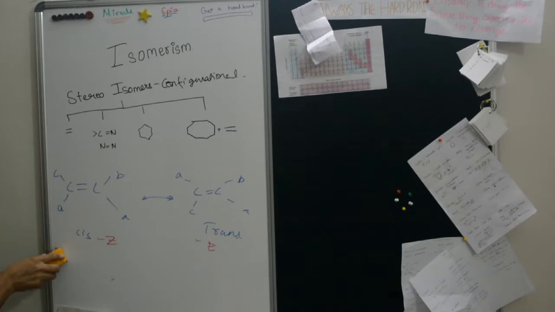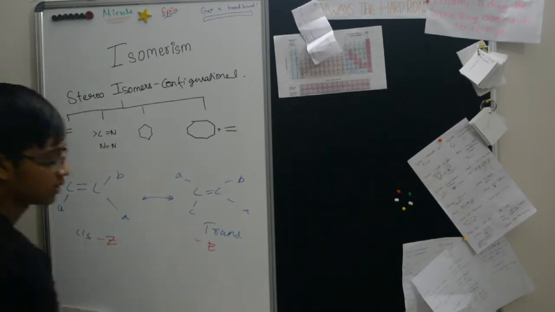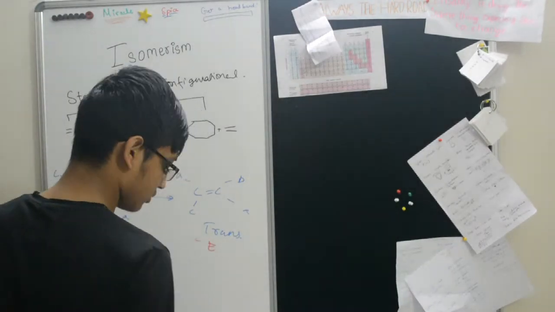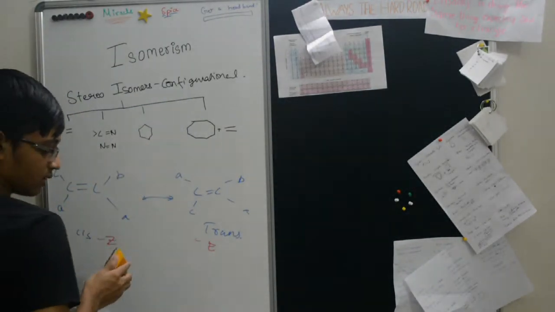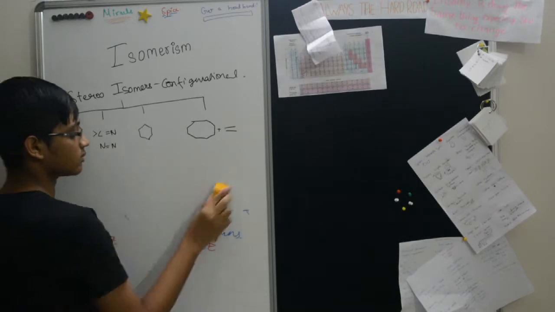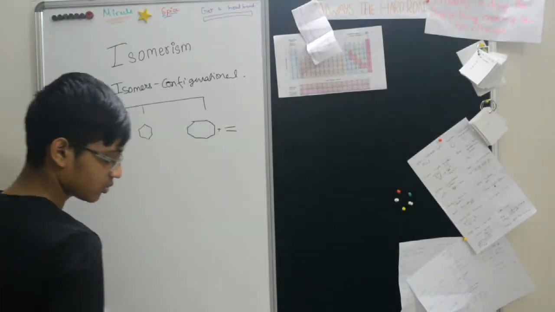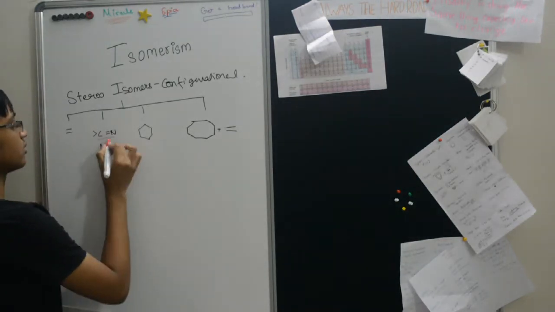That's it for the double bond system. Next we have what is called an oxime. So oximes are basically nitrogen compounds. They have the structure right over here.